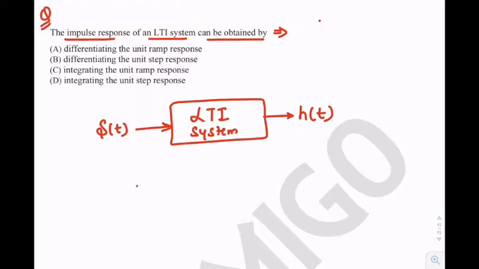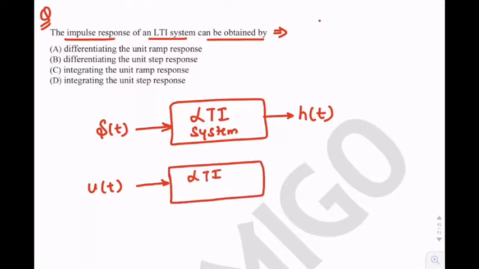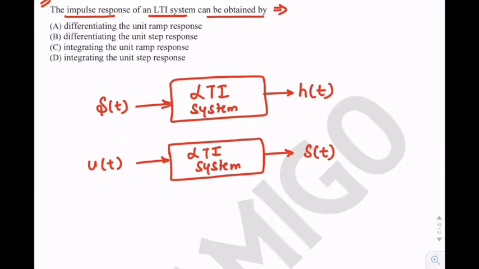Now if we have the response of u(t), the unit step response, if we give u(t) as an input to the same system, the output is s(t), that is called the step response.